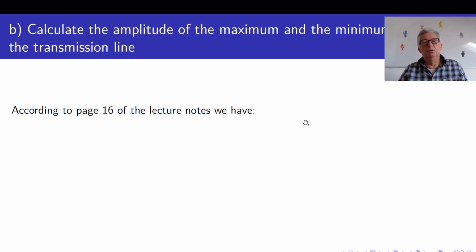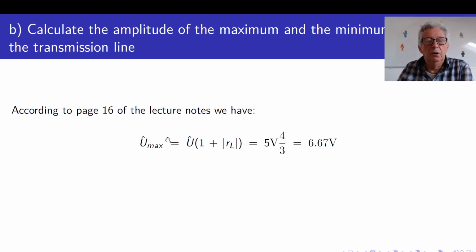According to the lecture notes, we can now also calculate the maximum and minimum voltage on the transmission line. The maximum voltage is given by the amplitude of the incident voltage times 1 plus the absolute value of the reflection coefficient.